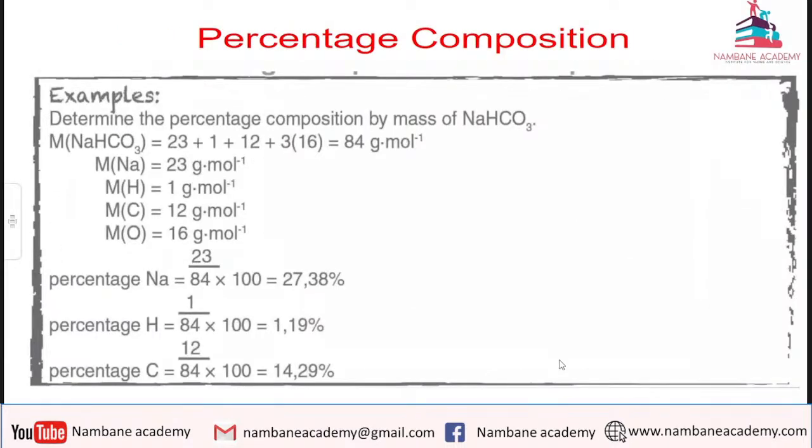Then I am going to go into the problem again and basically just check if we are able to use the mole ratio. The mole ratio comes from the balanced chemical equation.